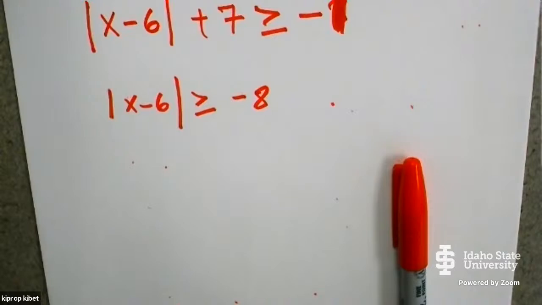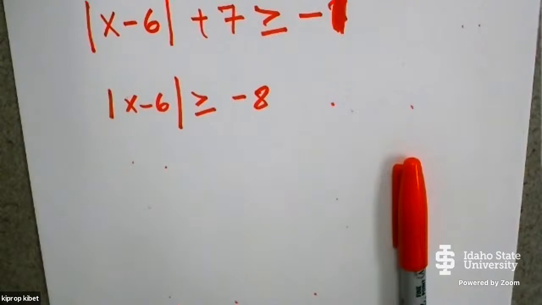But now, in this case, the absolute value is greater than minus 8. Okay? So is there a solution there? Yes, because they are greater than negative 8.